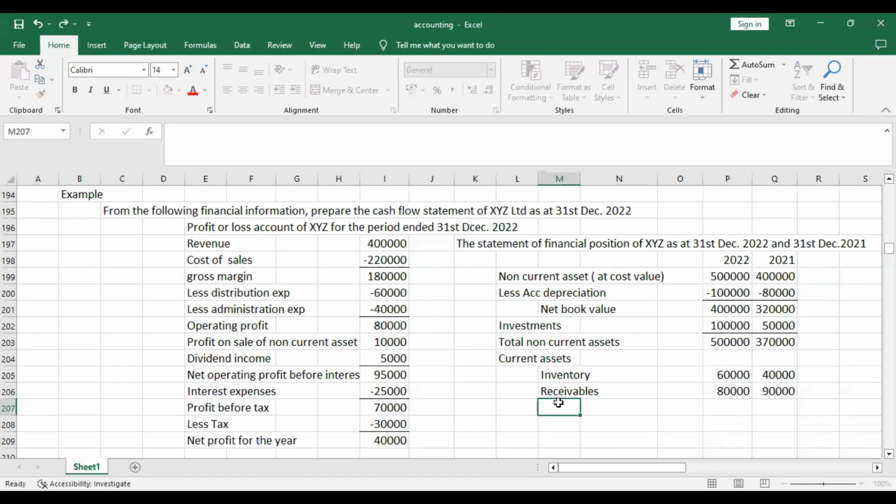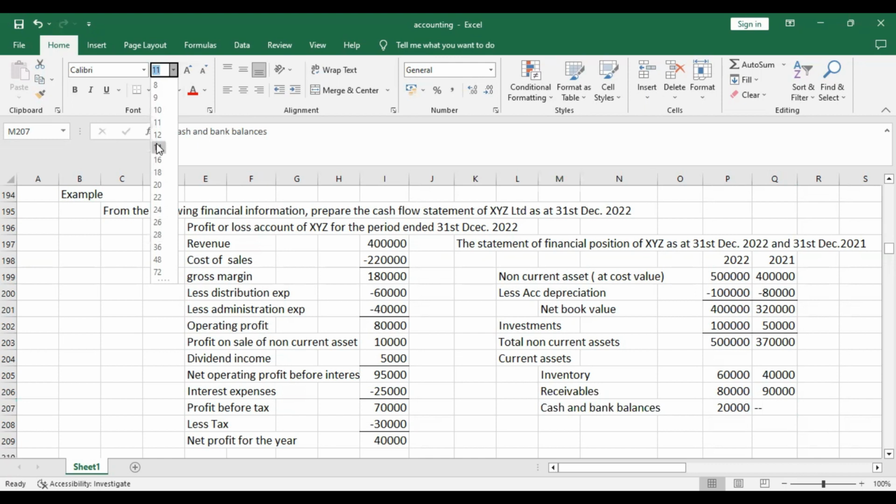Then cash and bank balances: you have been given 20,000 and nil. So this value increased.